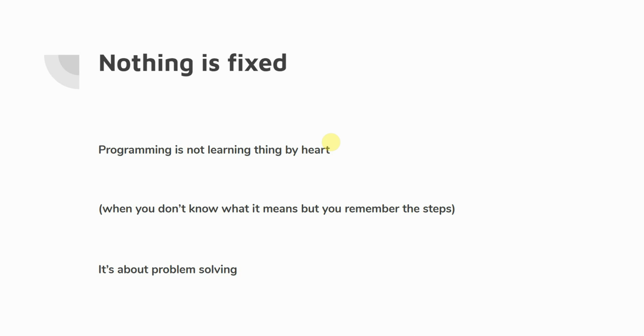Like how to turn on the TV and all these things. So you might not know why we are doing this, but we are just doing it because that's what works. That's not the case with programming. In programming, you have to learn why you did certain steps and what happens if something is missed. It's all about problem solving.